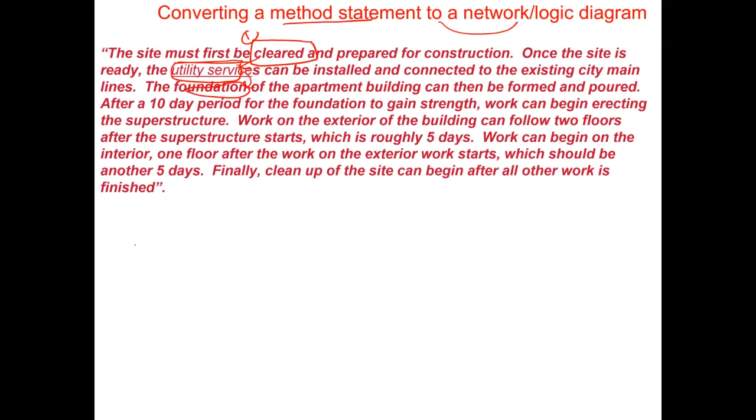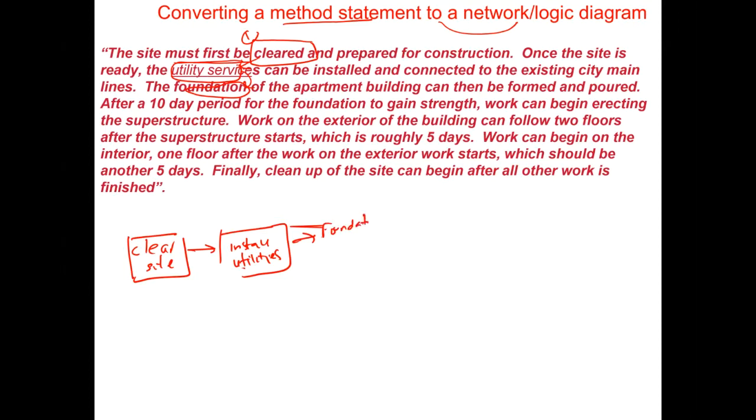So we could start building our network diagram, which would be something like, first of all, clear your site. Once you have cleared your site, then second would be install your utilities. And once you have done that, then you can start building your foundation, right?